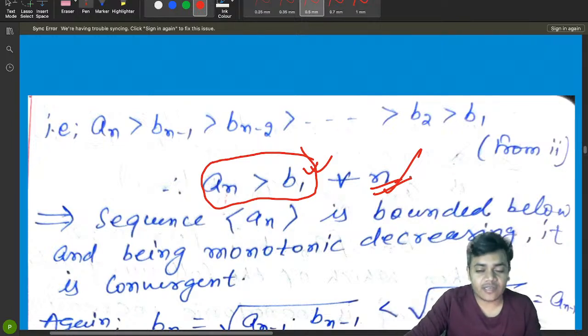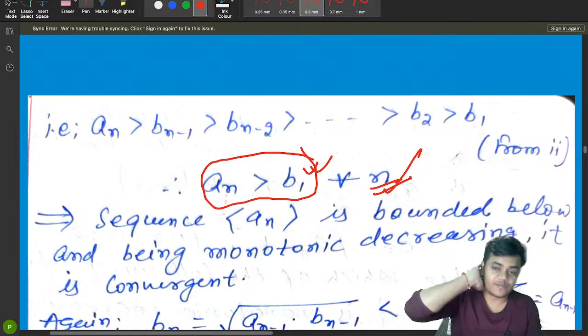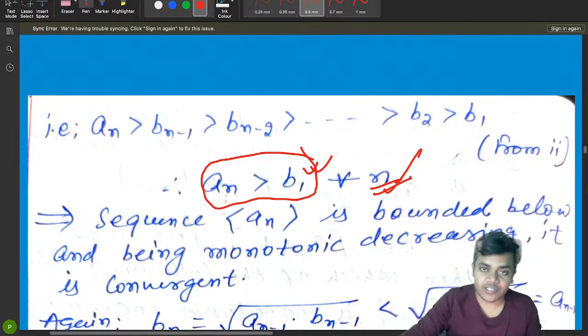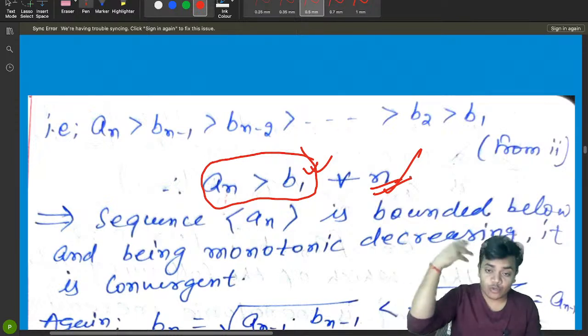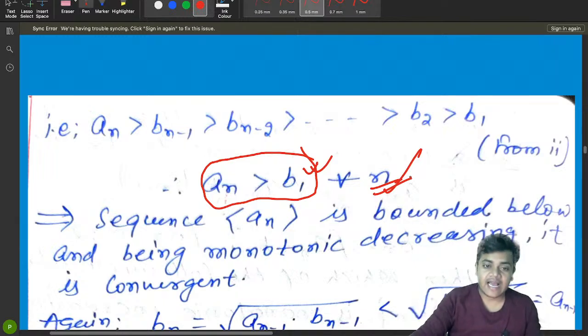And convergent to what? Greatest lower bound. Yes, it's a theorem: if you have a monotonically increasing sequence which is bounded also, then it tends to its least upper bound. If you have a monotonically decreasing sequence and it is bounded also, then it tends to its greatest lower bound.